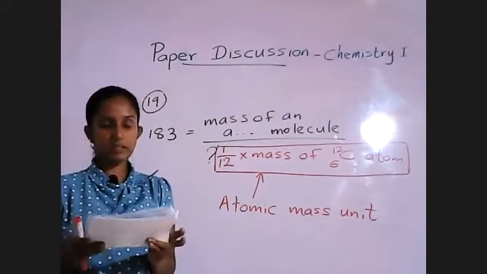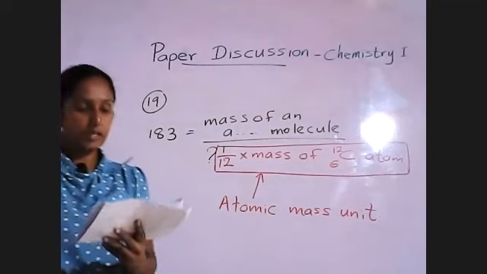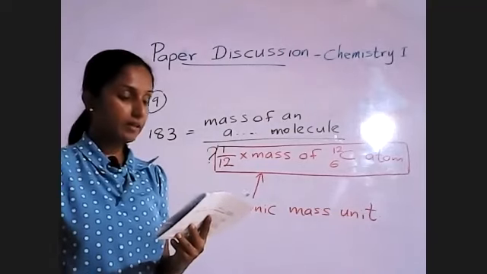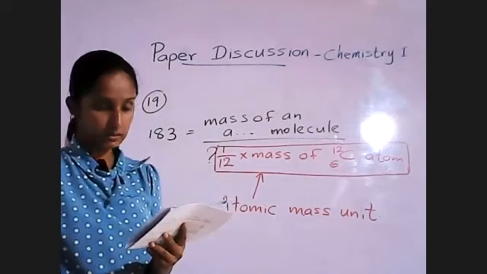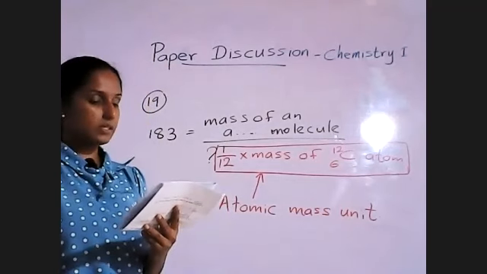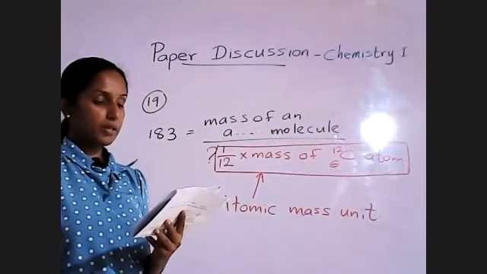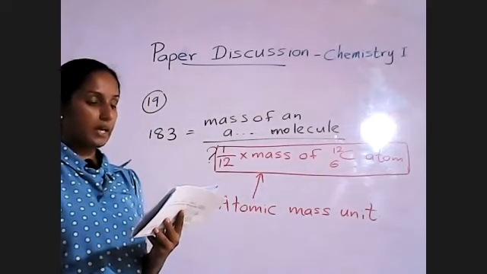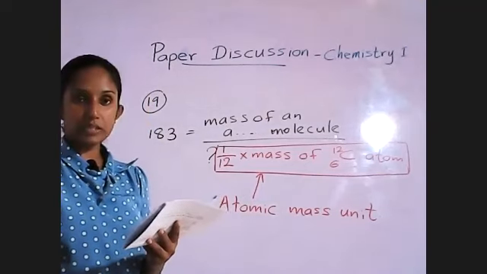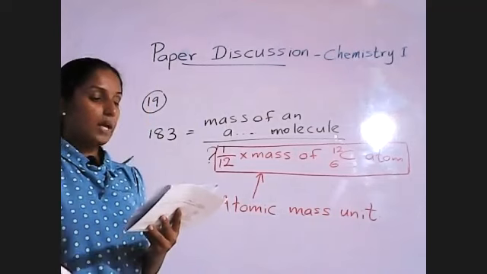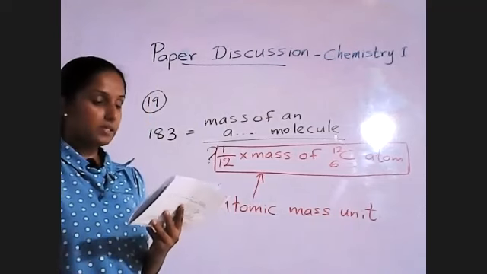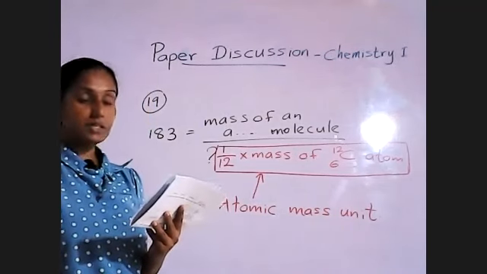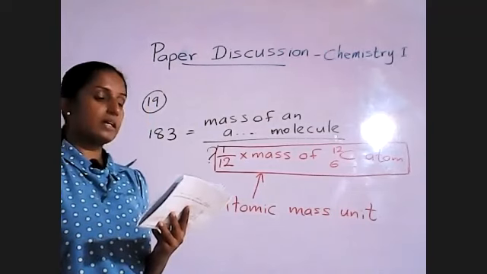A very good question, question number 20. Consider the following aqueous solutions of equal concentration. Sodium hydroxide is a strong base. Ammonium hydroxide is a weak base. CH3COOH is a weak acid.